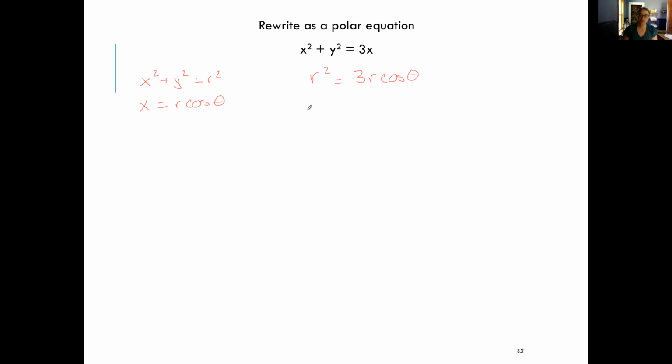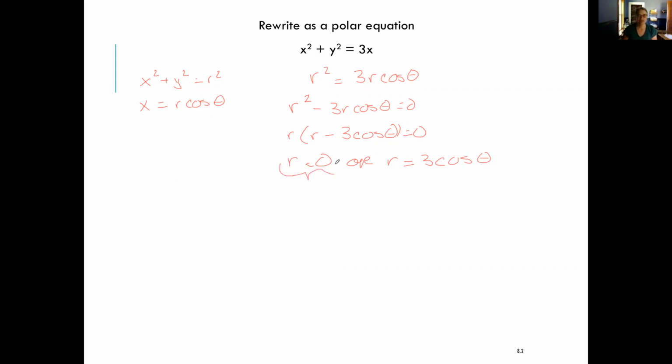This is a quadratic equation, so we're going to pull everything to the left-hand side because we want to solve for r. So r squared minus 3r cosine theta equals 0. Factor out the r. We get r times (r minus 3 cosine theta) equals 0. And either r equals 0 or r equals 3 cosine theta.